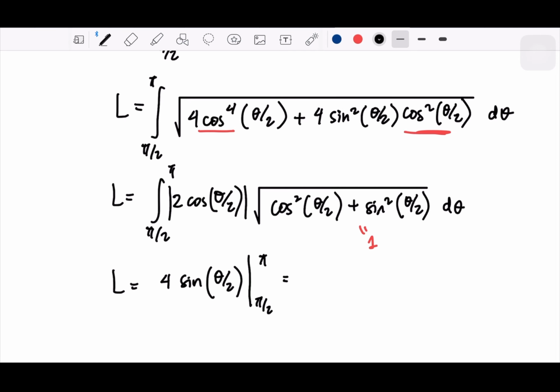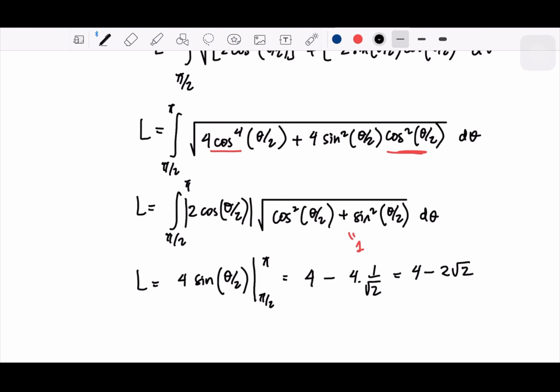This means 4 sine pi over 2 is 1, so it's 4 minus 4 sine pi over 4, where sine pi over 4 means 4 multiplied by 1 over square root of 2. So this should be 4 minus 2 square root of 2, right? That means 2 square root of 2.